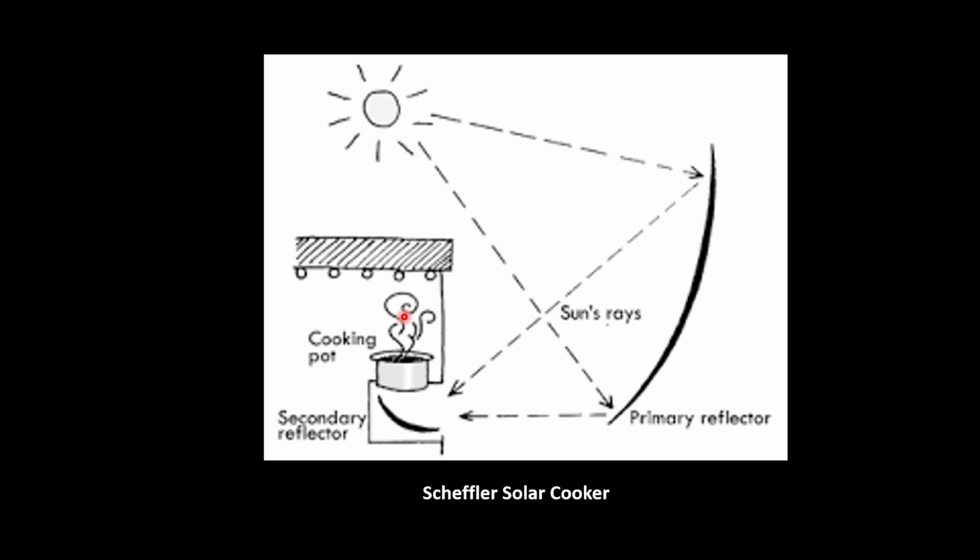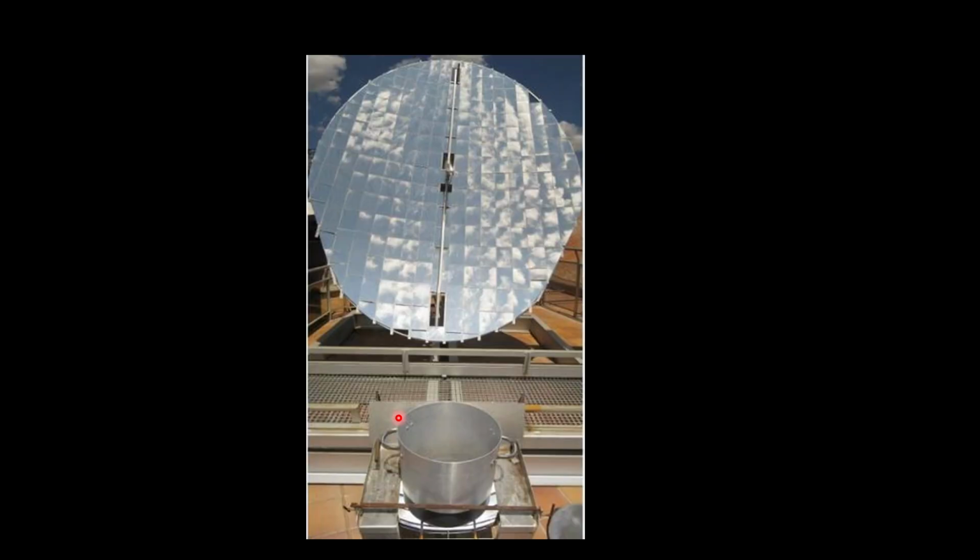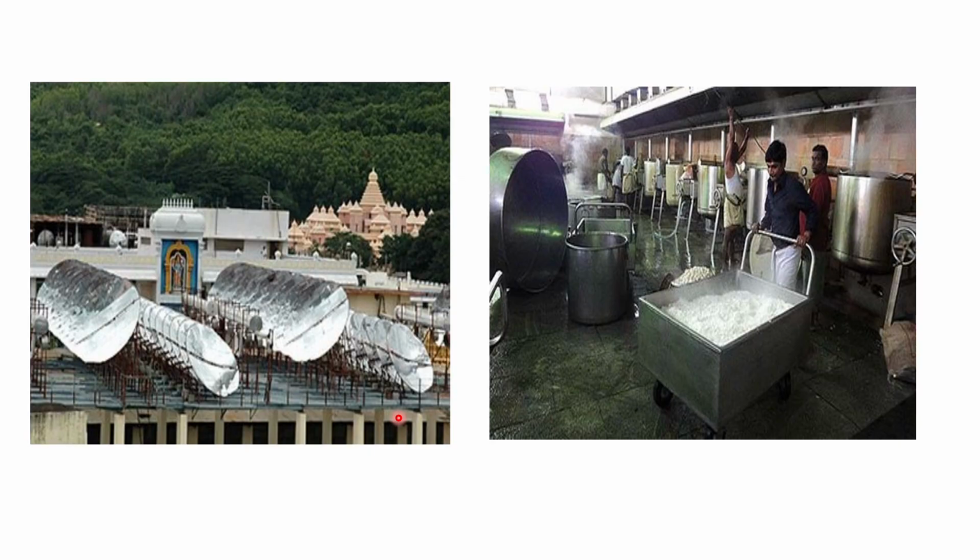This type of cooker is again modified so that we have a primary reflector and then a secondary reflector, and this secondary reflector uses the energy to make steam, and that steam is used for cooking food. That type of solar cooker is there.